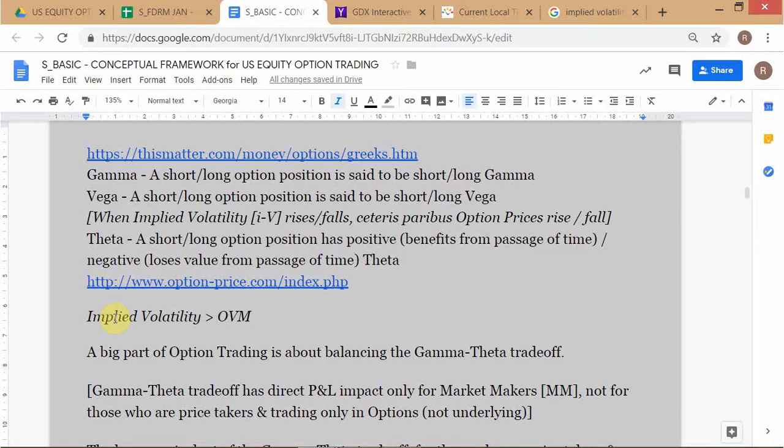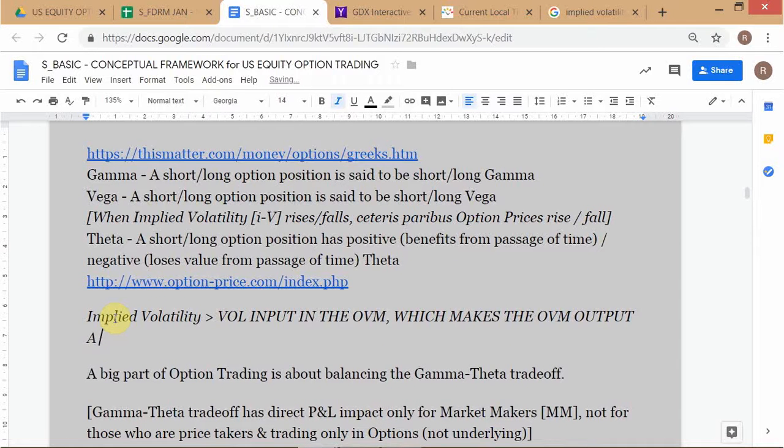Okay, let's put it this way: the vol input in the OVM makes the OVM output, that is, throw out, a fair value, which is FV, for the OPT, that is the option.